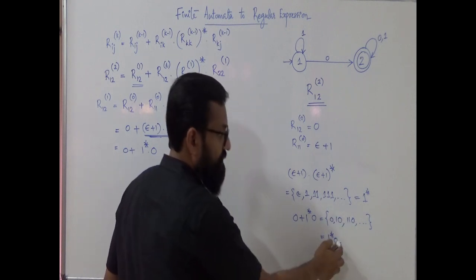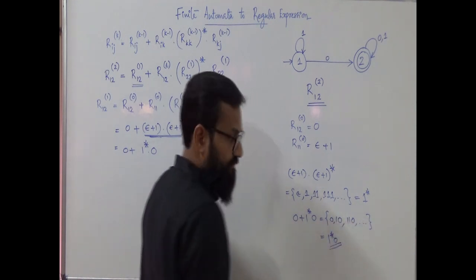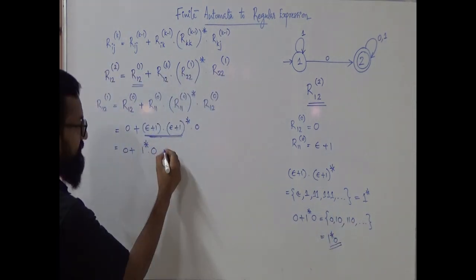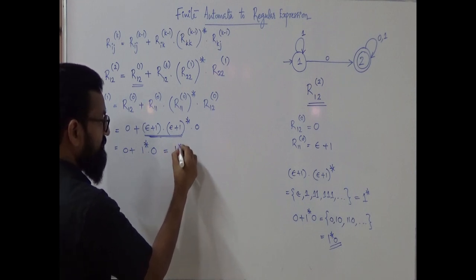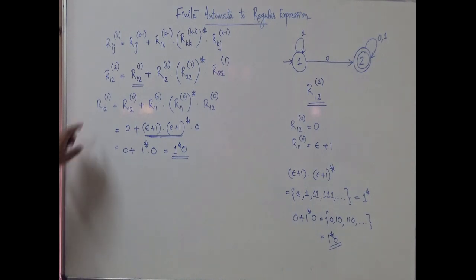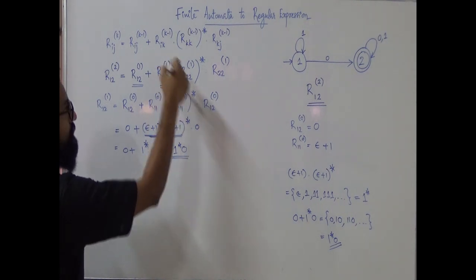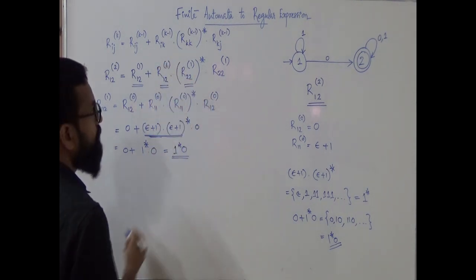If I take 1 Kleene closure 0, you can have 0, 10, 110 and so on. So this can again be reduced to 1 Kleene closure 0. So that is R12^1.